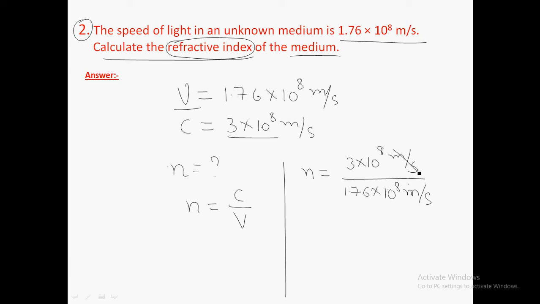Now meters per second cancels, 10 power 8 cancels. If we divide 3 by 1.76, you will get the value 1.7045.